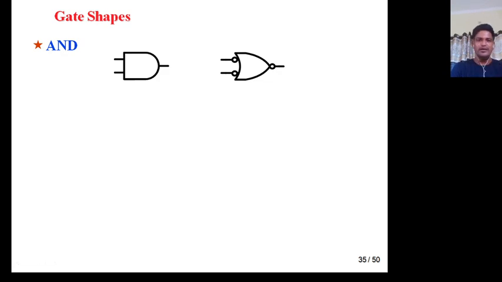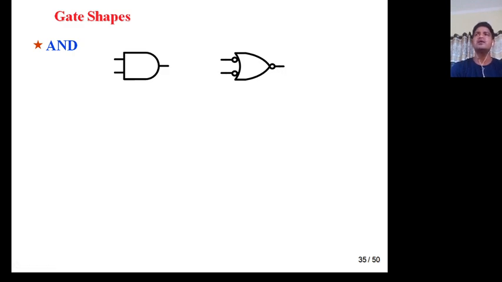Now this is your AND gate, you can replace this AND by bubbled NOR gate. How will you remember? What is the dual of AND gate? Dual of AND is OR, and just insert bubbles at inputs as well as outputs, otherwise you can apply De Morgan's theorem.